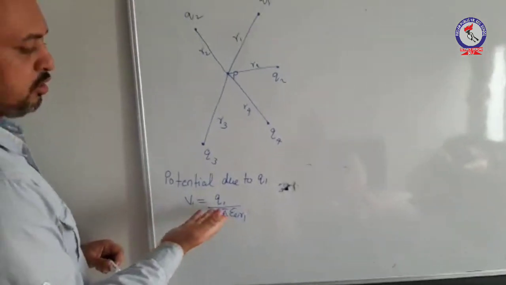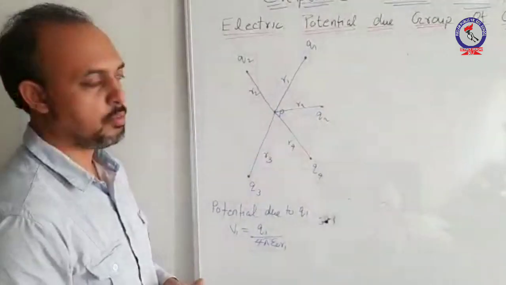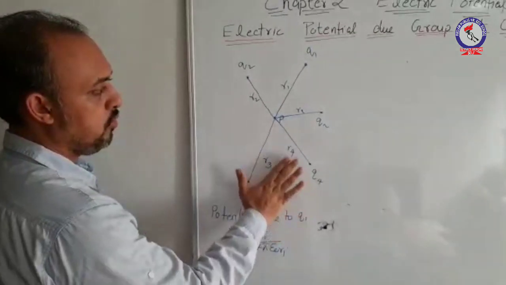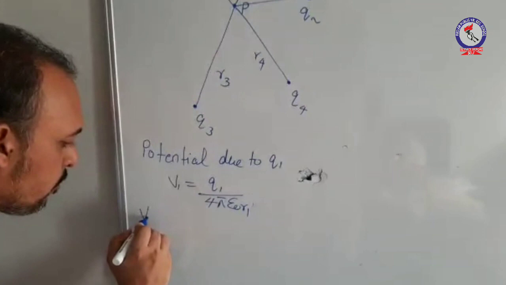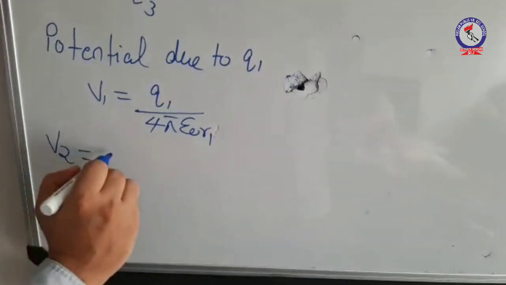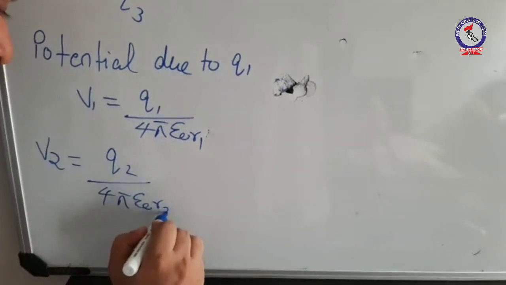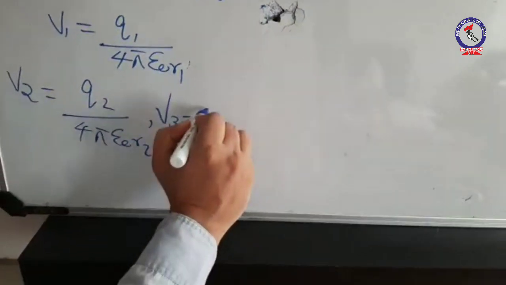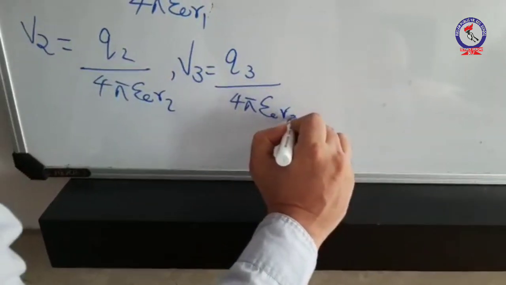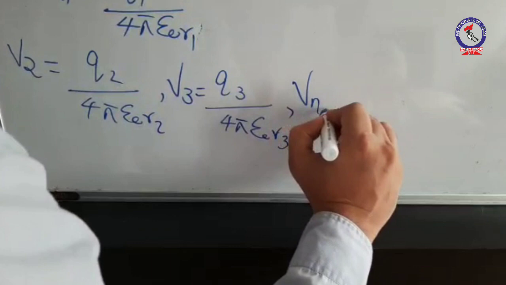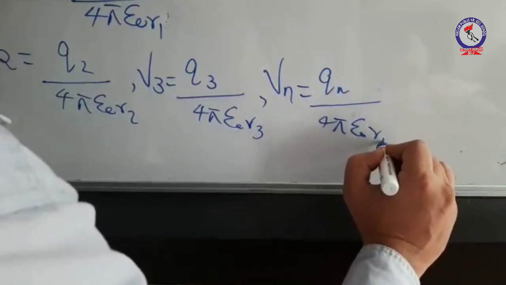That is, while writing the expression for Q1, we neglect the presence of other charges. Similarly, we can write the expression for Q2, Q3, Q4 and Qn, neglecting the presence of other charges. Therefore, V2, the potential due to Q2, is Q2 upon 4 pi epsilon 0 R2. Similarly, V3 as Q3 upon 4 pi epsilon 0 R3 and Vn as Qn upon 4 pi epsilon 0 Rn.